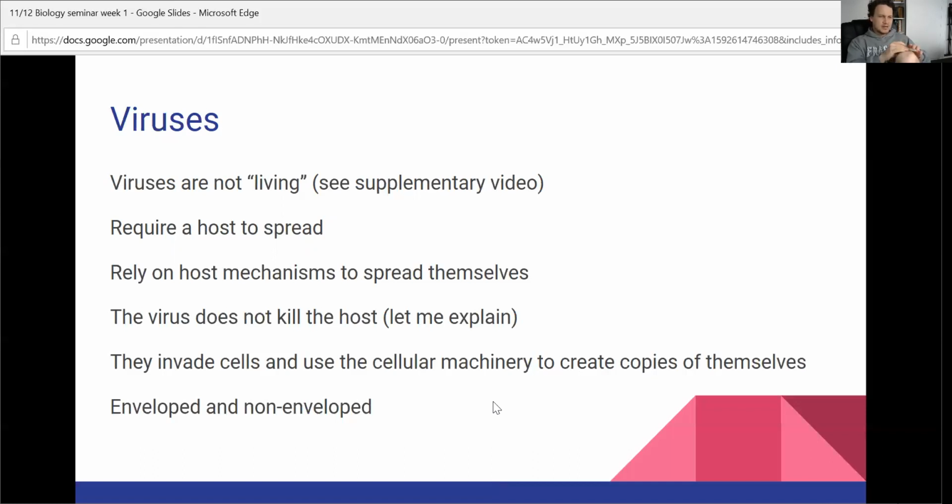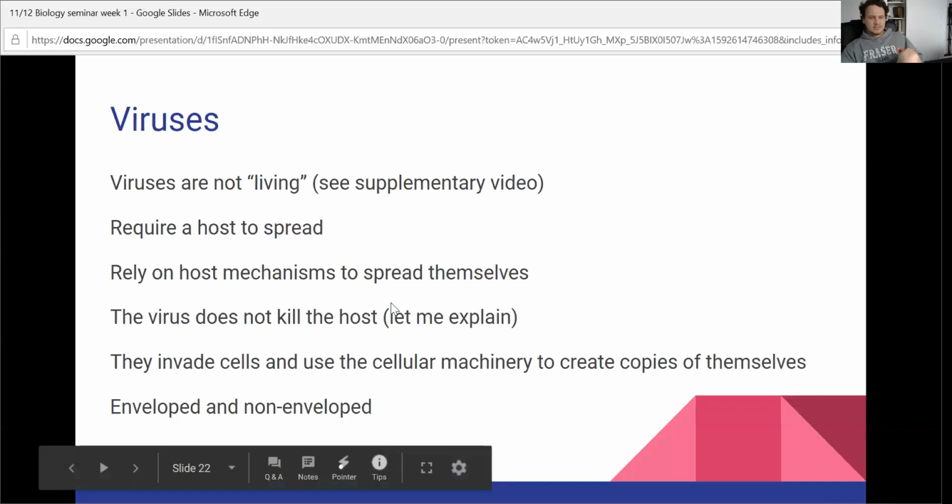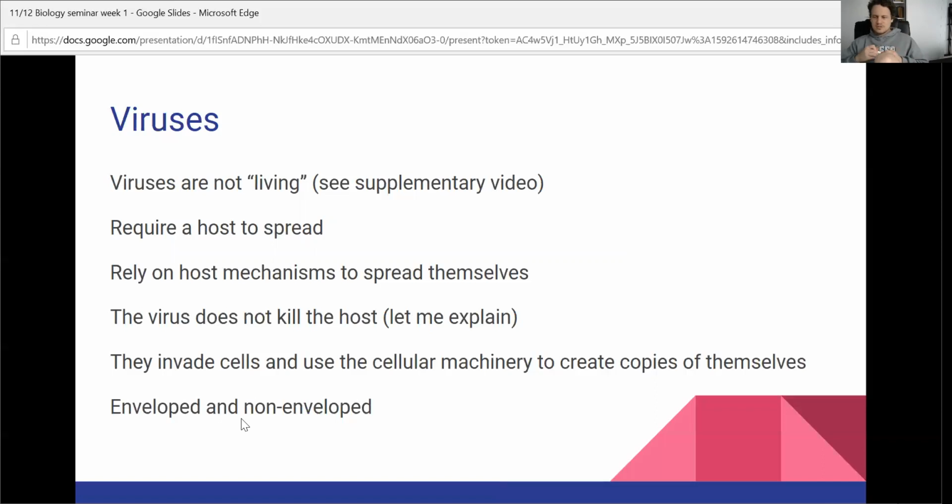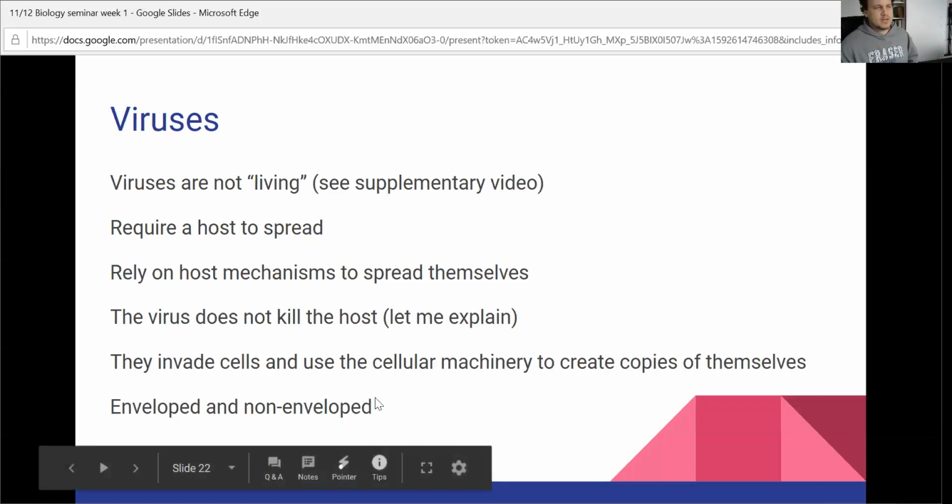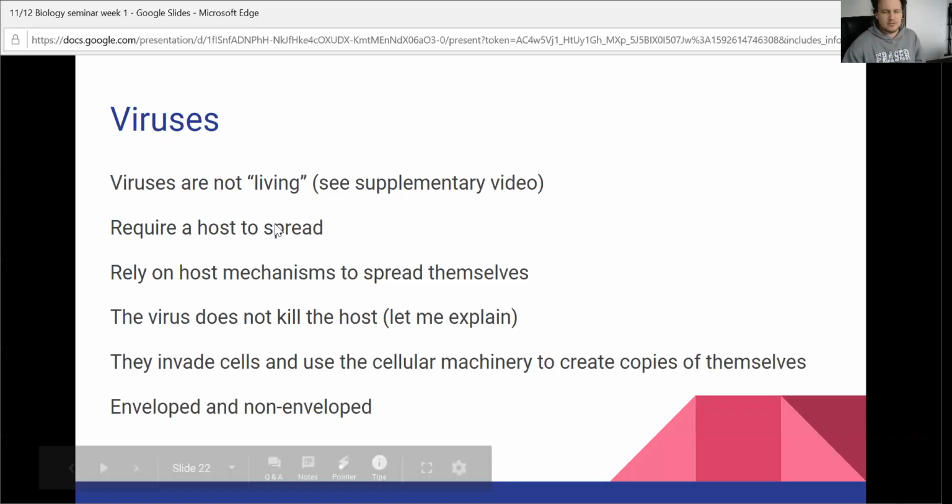And the body doesn't immediately recognize it as a threat because from the outside it looks the same. So non-enveloped viruses, HIV, which causes AIDS, is a non-enveloped virus. And they just use the cells to replicate themselves until they've replicated so many times that the cells explode and they just travel to the next cell, and they keep doing that.